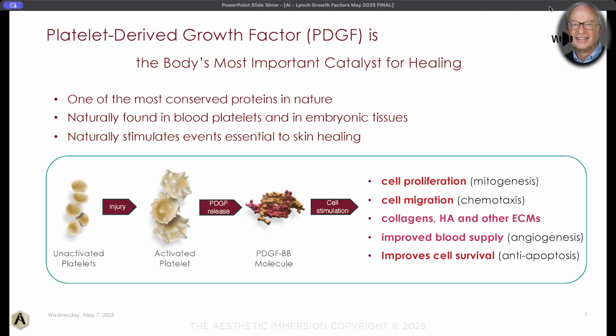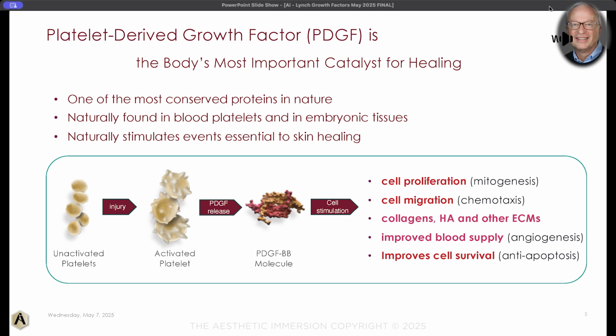And this slide then naturally talks about, okay, well, when you get an injury, what does PDGF do? Isn't nature incredible? Because you have this most intricate drug delivery system that has ever been devised.